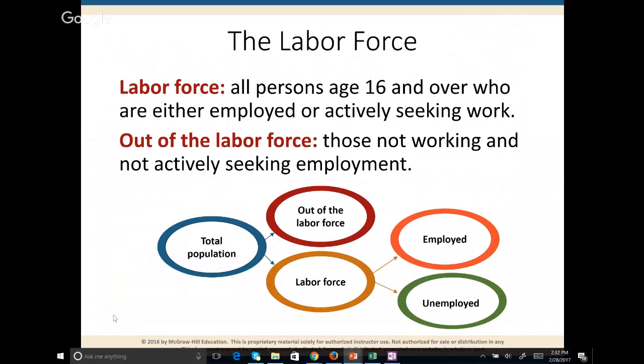Just because you are over age 16, it doesn't mean that you are automatically in the labor force. To be in the labor force, you must be either employed or actively looking for a job, or unemployed. We call that in the labor force. So everybody else who is not working and not looking for a job, we call them out of the labor force.